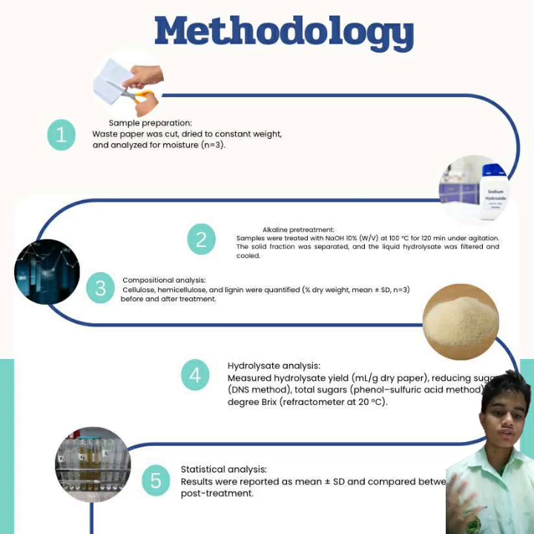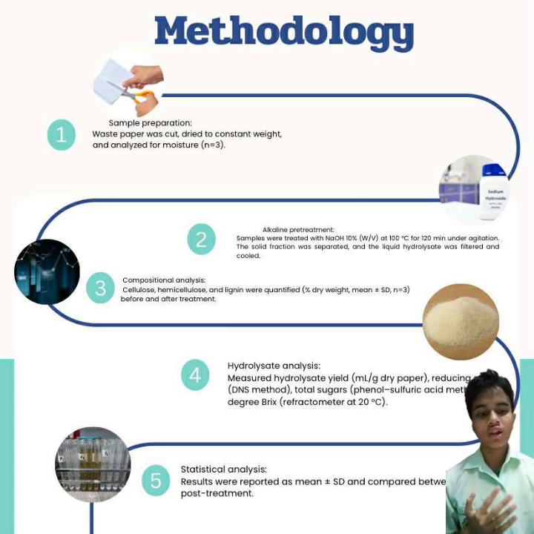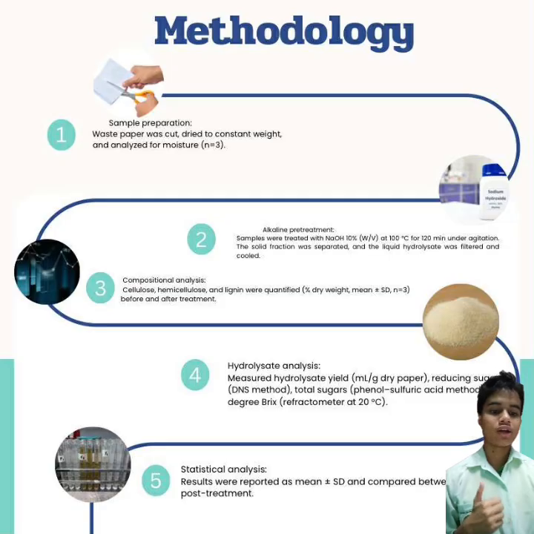And then hydrolyzate analysis. Measure hydrolyzate yield in ml per gram dry paper, reducing sugars with the DNS method, total sugar with the phenol sulfuric acid method, and Brix with a refractometer at 20 Celsius. And finally, statistical analysis. Results were reported as mean plus minus SD and compared between pre and post treatment.